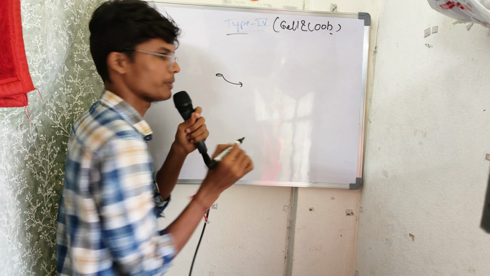So a viral antigen comes into the body, it is recognized by the antigen presenting cell and presented to the CD8 plus cytotoxic T cells, which produce granzymes and perforins. These granzymes and perforins make the infected cell undergo apoptosis. This is the CD8 plus cytotoxic T cell mediated pathway.